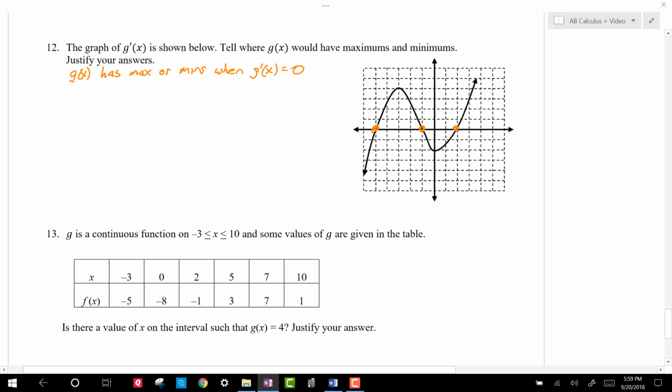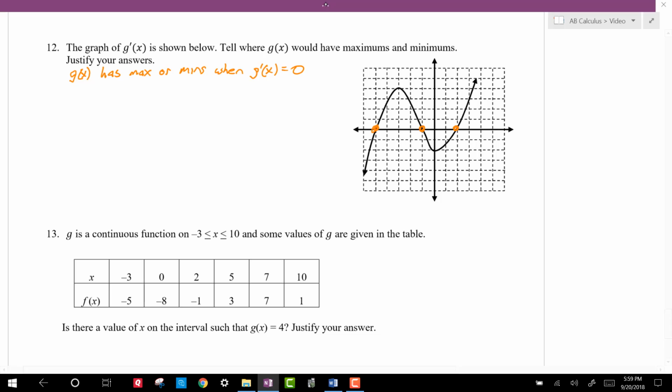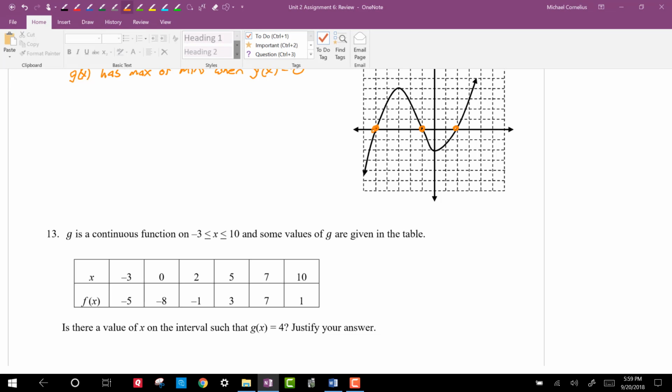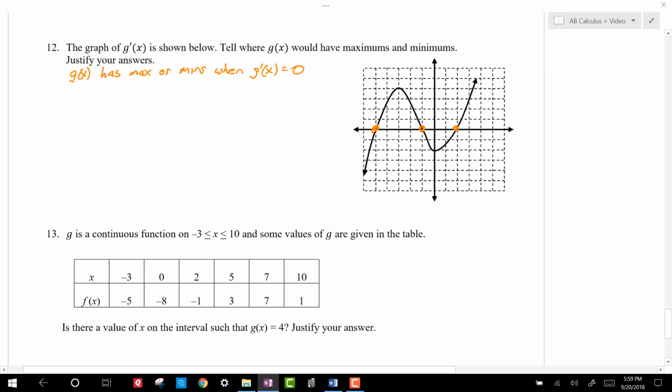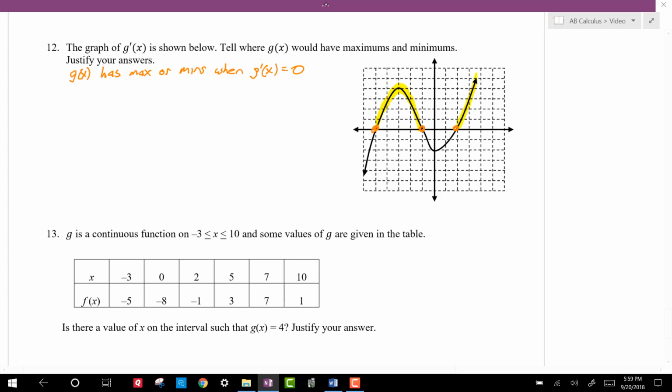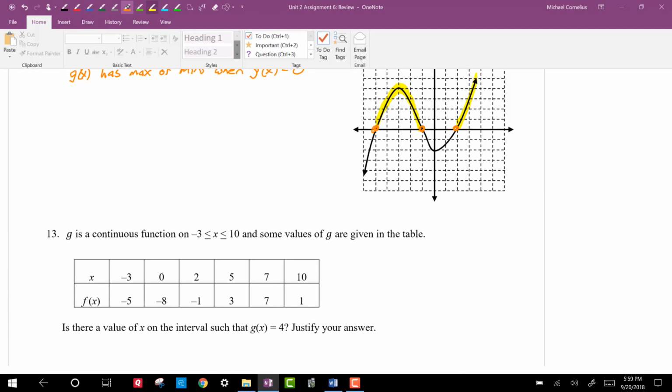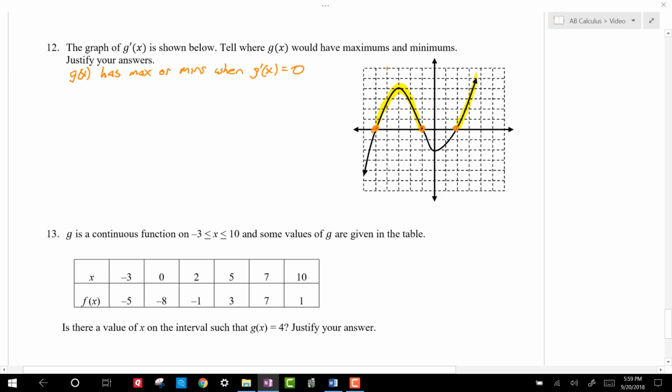All right? So my derivative, again, I'm going to go back to doing some highlighting here. When my derivative is positive, that means that f is increasing. You got it. So I know that f is increasing here and here.